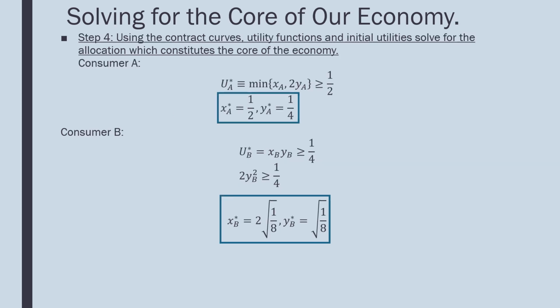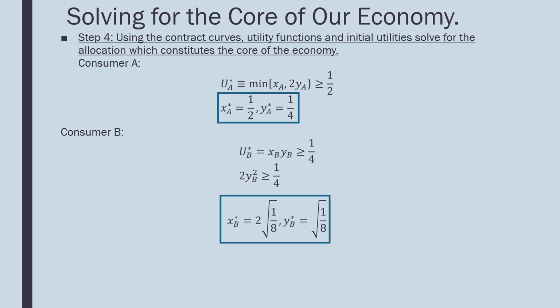For step number 4, we're going to be using the contract curves, the utility functions, and our initial utilities to solve for the allocation, which constitutes the core of the economy. For consumer A, he must consume the minimum of XA and 2YA, or consume proportionally to those, such that it's greater than or equal to 1/2. And that is going to be where XA is equal to 1/2 or YA is equal to 1/4, as communicated by the no waste condition of these sort of preferences.